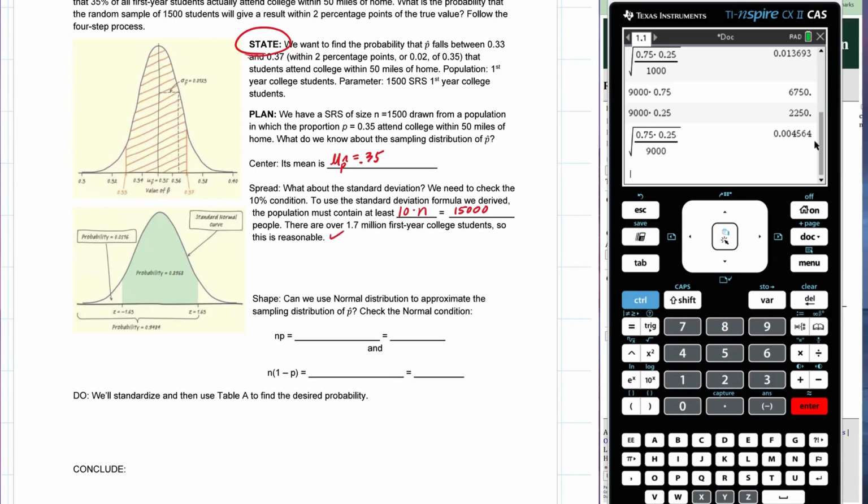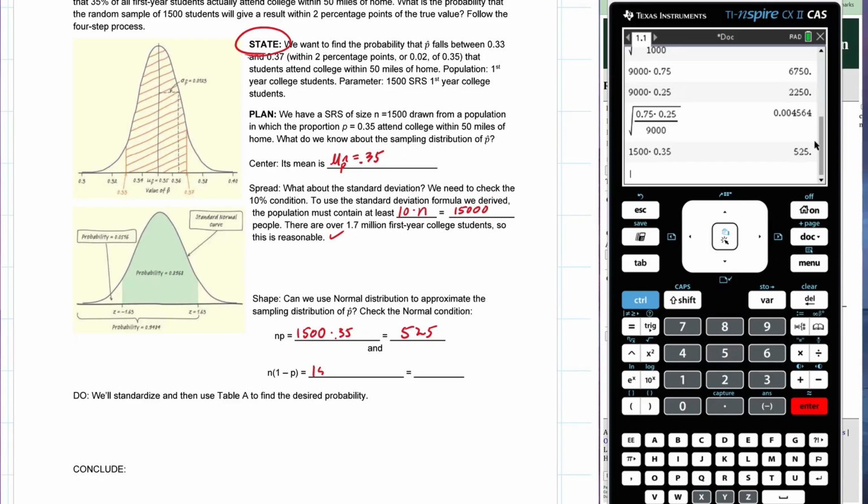Do we have enough evidence to suggest that the shape of the sampling distribution of p-hat is approximately normal? Well, n, 1,500 times p, 35%, is equal to 525. Nope, I put that over here, 525.